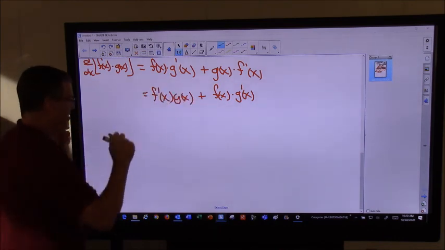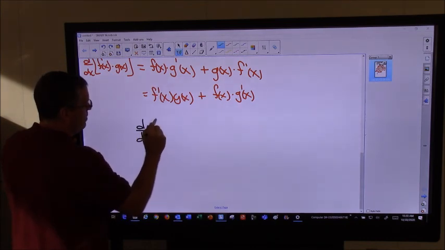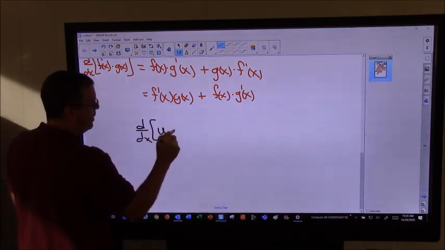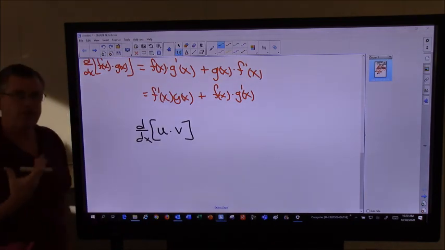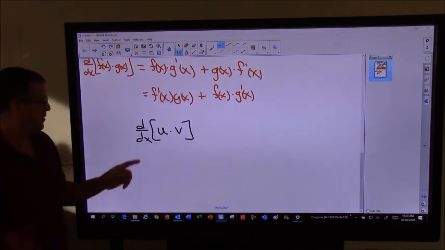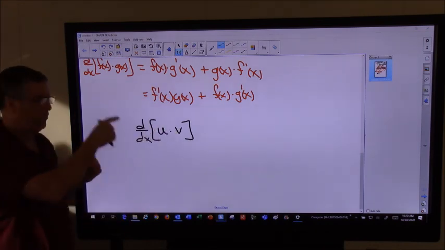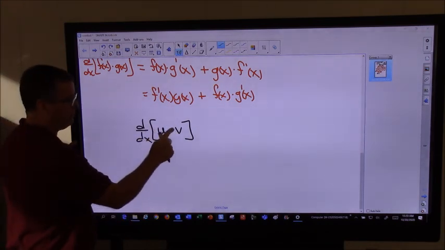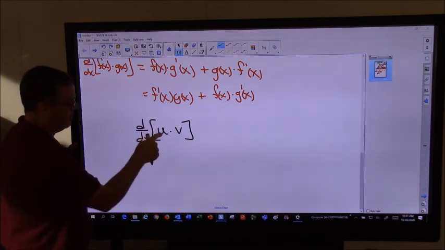Write this part down. If I'm going to take the derivative of u times v. So in calculus, u and v are used a lot to represent two different expressions. So remember a second ago I said x squared times a cosine of x. We're going to do this problem in a minute. All right?